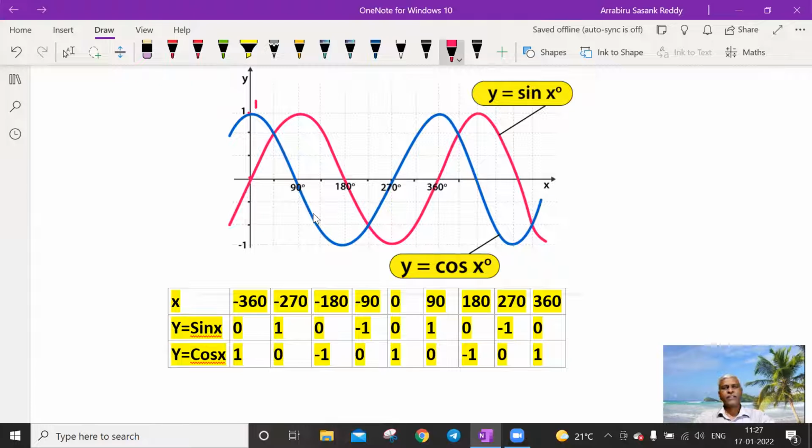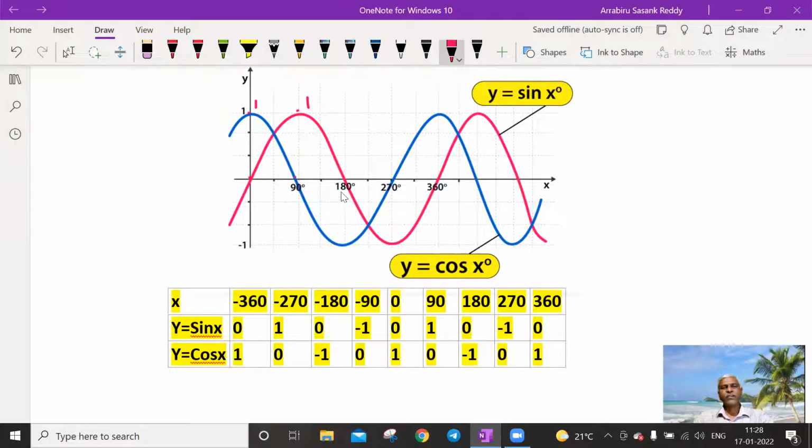And at 90 degrees, sine value is 1. So at 90 degrees, sine value is 1, cos value is 0. Cos graph is touching the x-axis, that is at 0. Sine is above, it is at 1. Sine 90 is 1, cos 90 is 0.